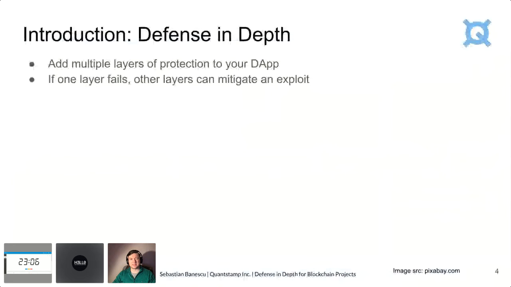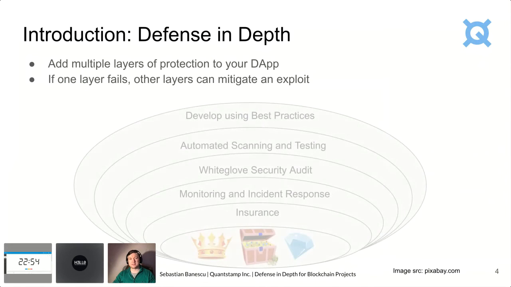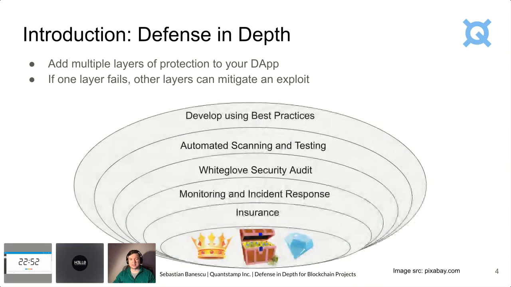That's the defense in depth topic, where you basically try to add multiple layers of protection, such that if one layer fails, then the other layers are going to be there to mitigate the impact of the exploit. And it looks more like an onion, right? At the base of the onion, at the bottom, you have your crown jewels, your assets, everything that is important to you, and you basically add multiple layers in order to protect them.